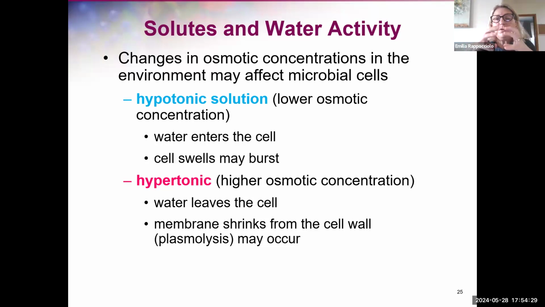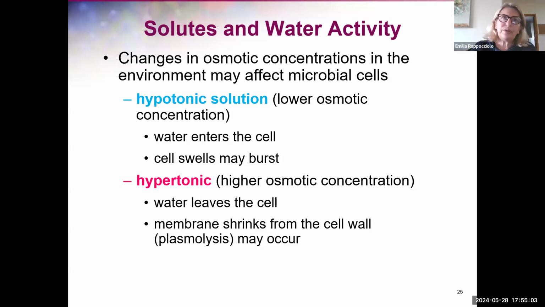This increase in volume can be dangerous to the point that if the cell breaks, you call this osmolysis. However, as we said before, having the cell wall protects from this continuous growth. It limits the size, and so hypotonic environments are normally actually better environments because you get more water for cells with the cell wall.